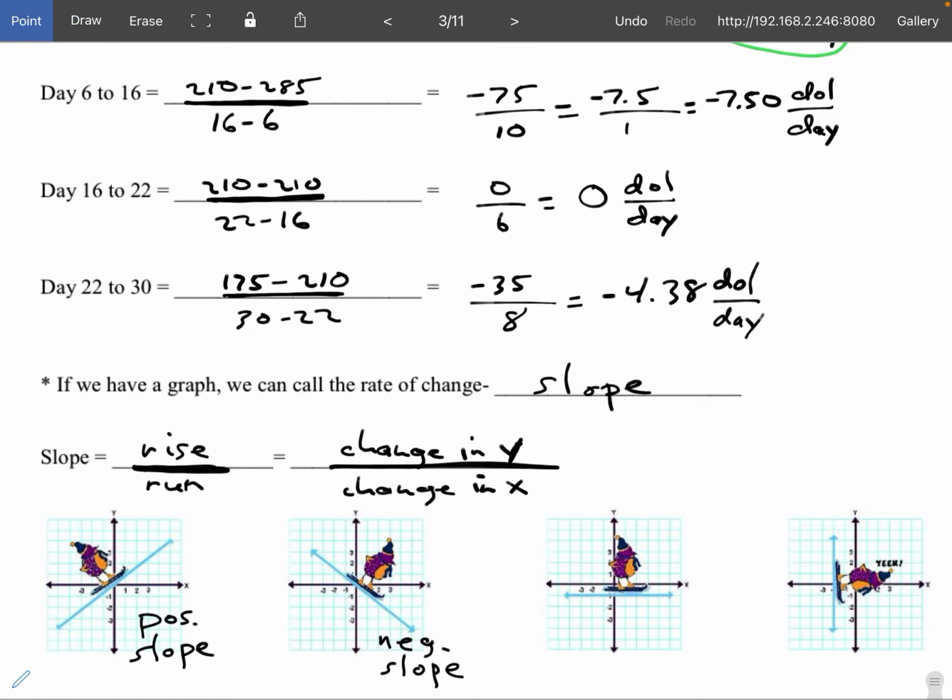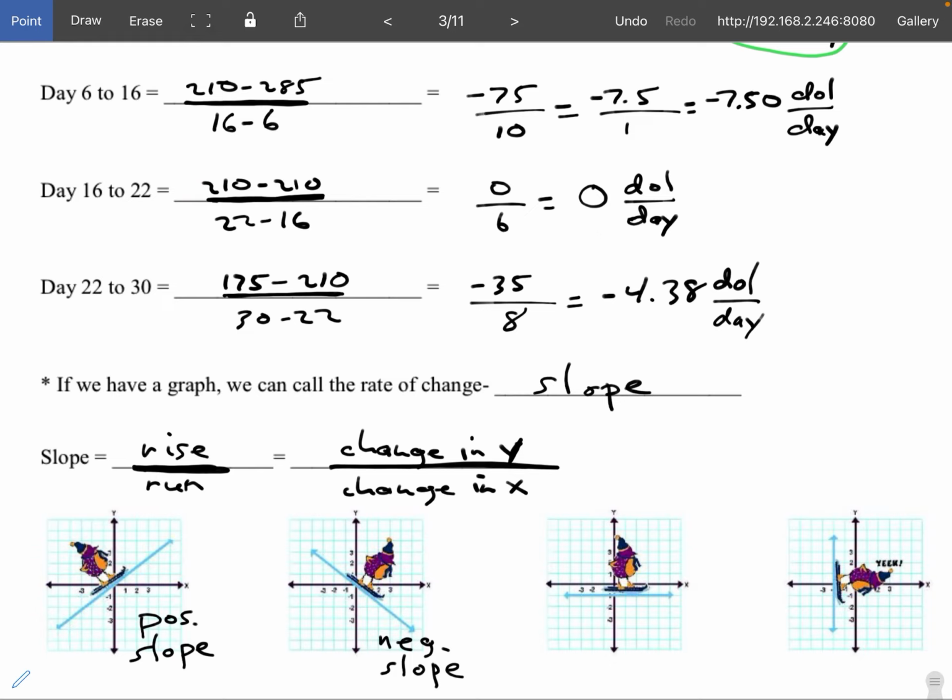And then the next one, you're going downhill left to right. So what do you think the slope is there? Negative. Yep, negative, good. So this is a negative slope on this one. And then the third one, you've got a horizontal line.